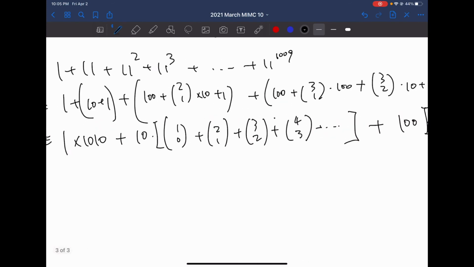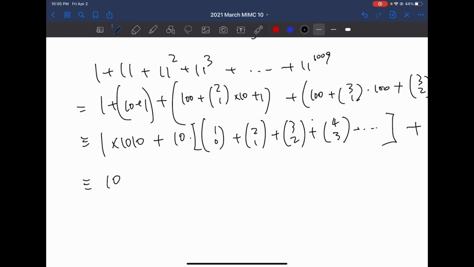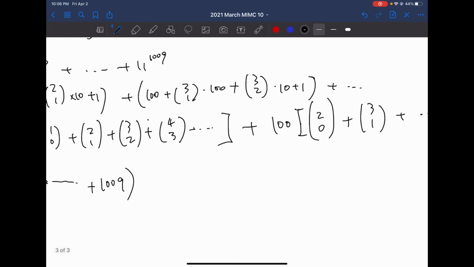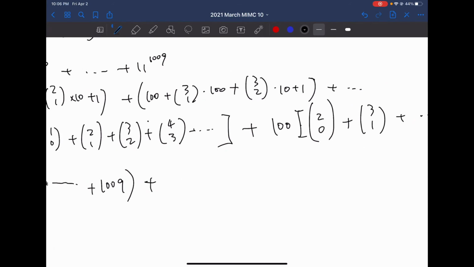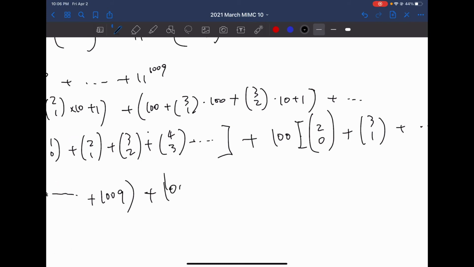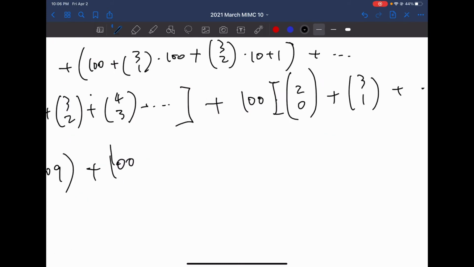And we can simplify the first term to be just simply 10. The second term, using the arithmetic sequence sum, is 10 times the sum of 1 plus 2 plus all the way to 1,009, which would give us 450 at the end. And the third term, be careful here, is actually the sum of all triangular numbers.